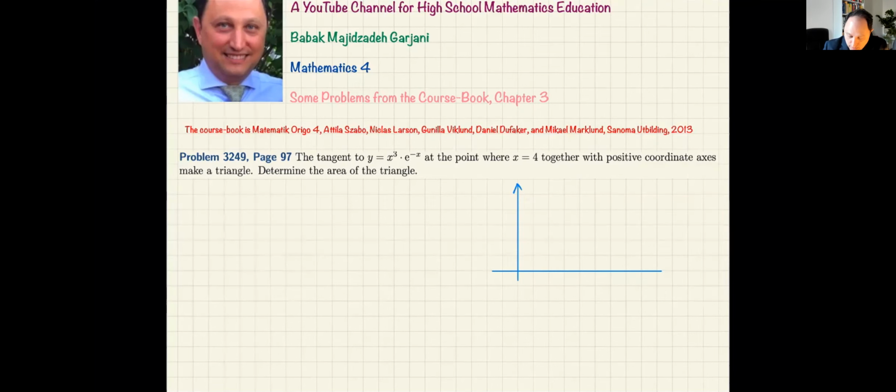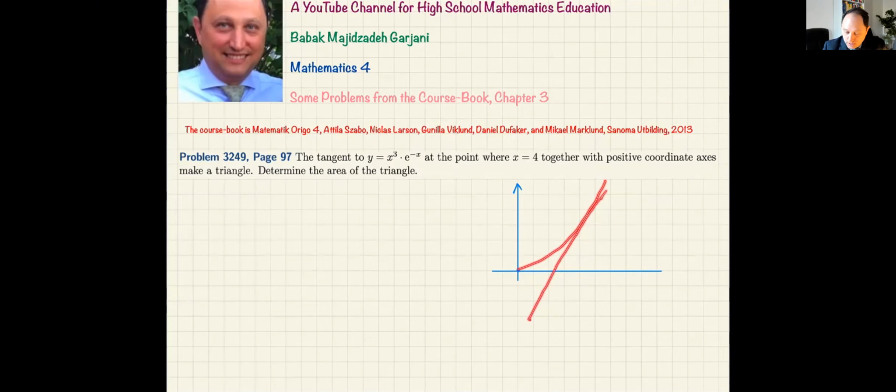Of course, it is clear that if I put 0 here, the function becomes 0, so that is definitely a point. But how this function acts, I don't care. It is clear that if this function is going to be in this form, then the tangent line will not make a triangle with the positive x and y coordinate axes.